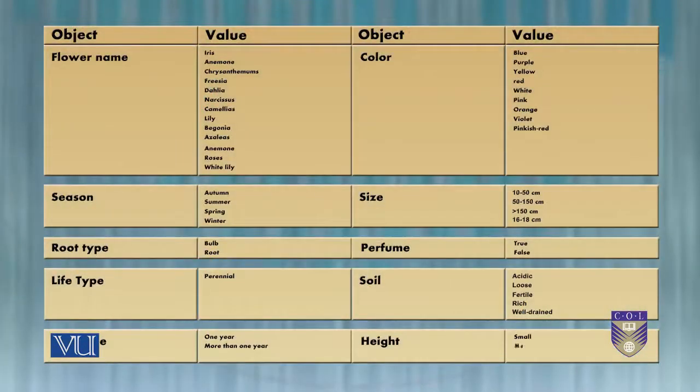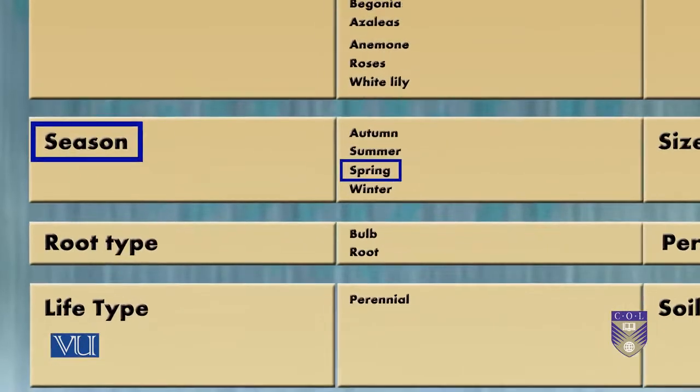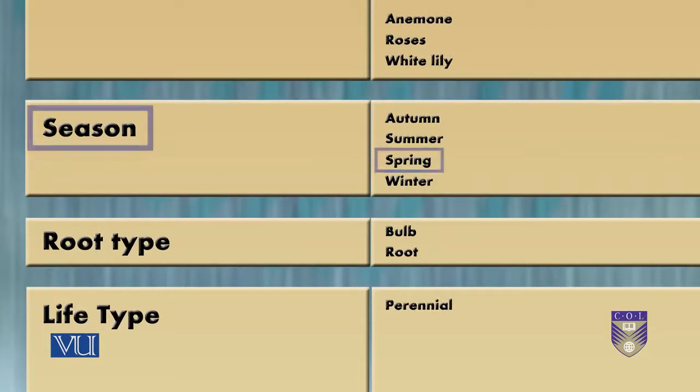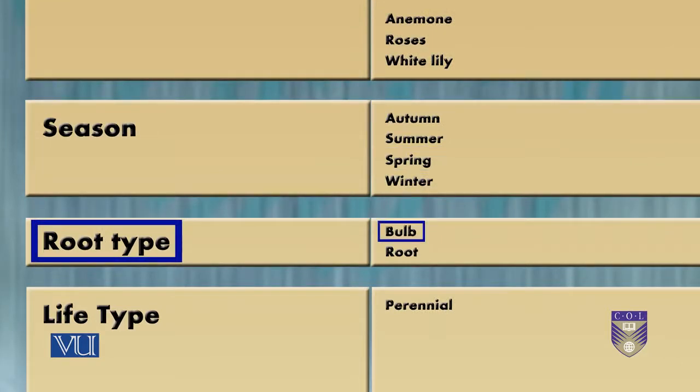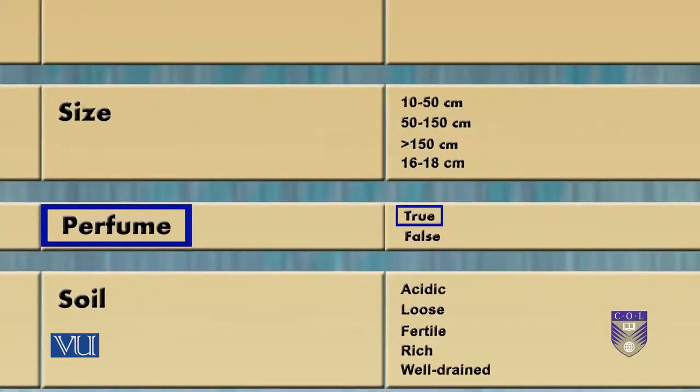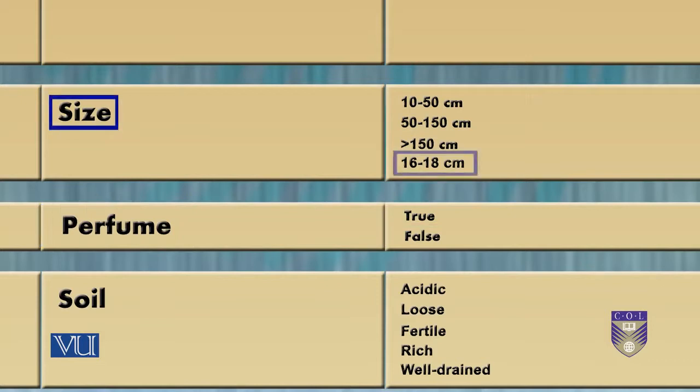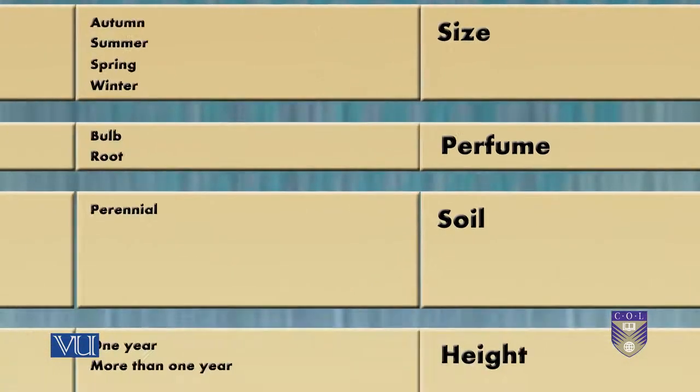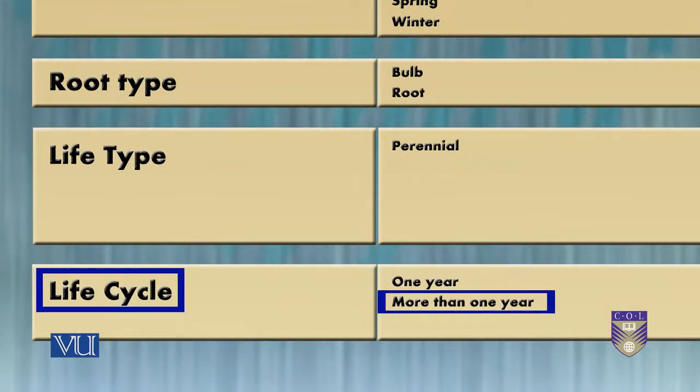So suppose we have the facts in the database. For instance, the season is spring, the root type is bulbs, the perfumed is true, and the size is between 16 and 18 centimeters. These are the facts I'm talking about. Then we have fact number 5, the life cycle, and the value there is more than 1 year.